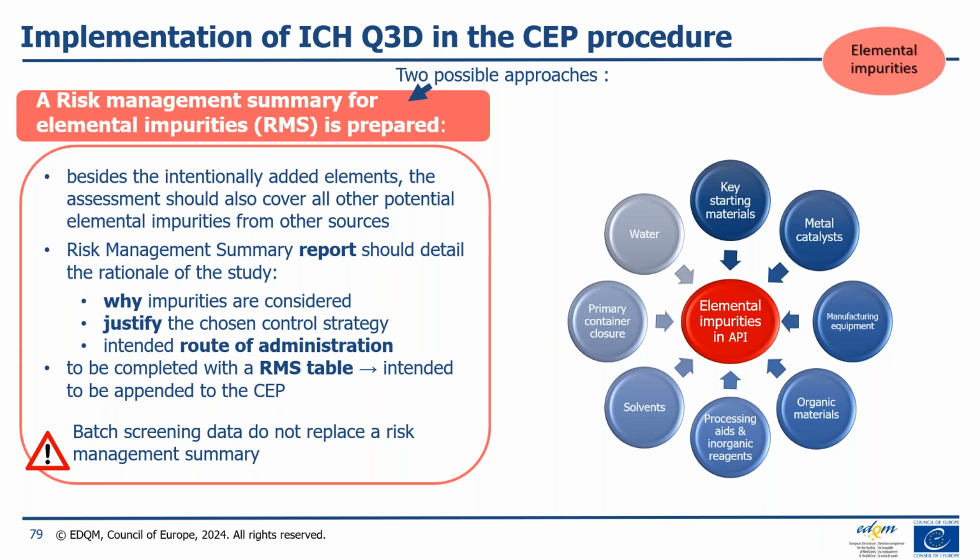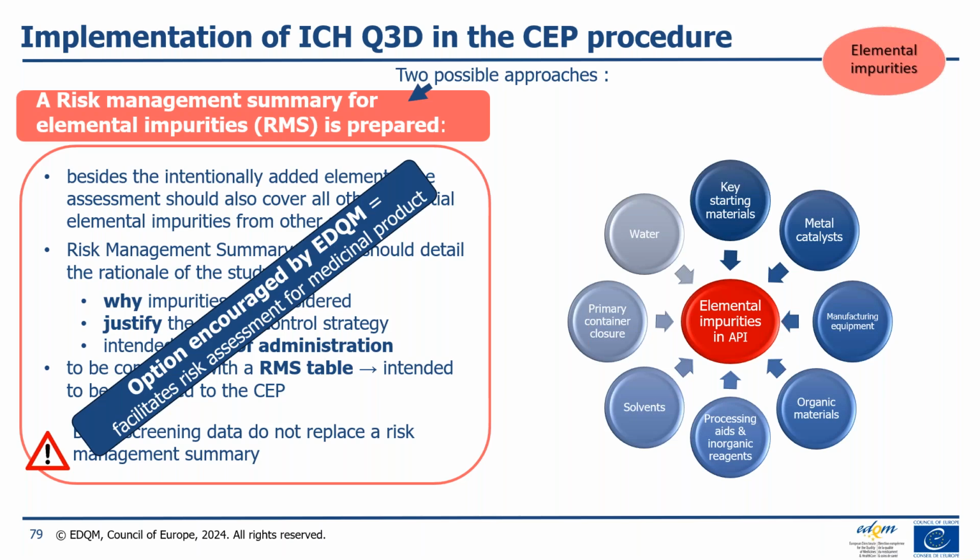The risk management summary report should detail the rationale of the study, why impurities have been considered, justify the chosen control strategy, and the intended route of administration. And this will be complemented with an RMS table intended to be appended to the SEP. So batch training data do not replace a risk management summary.